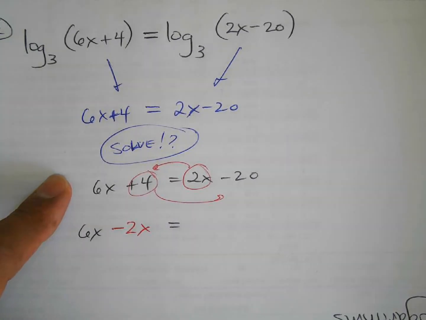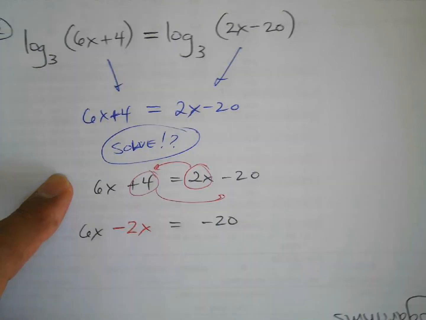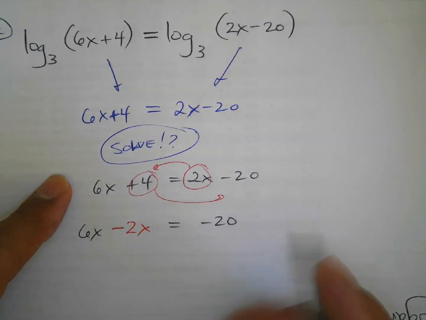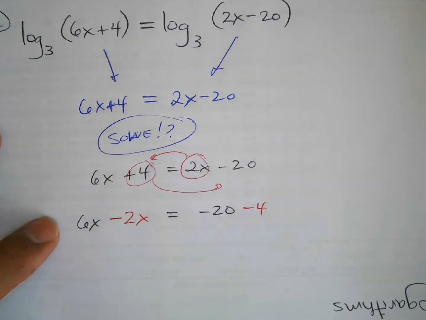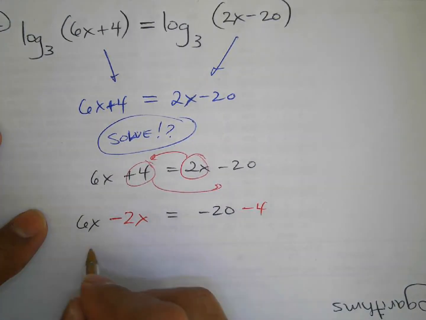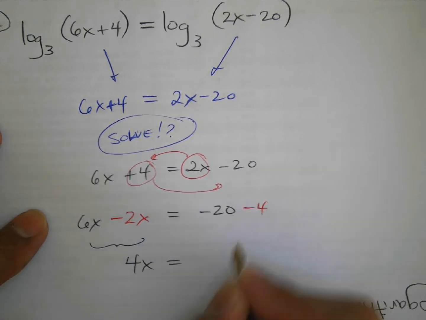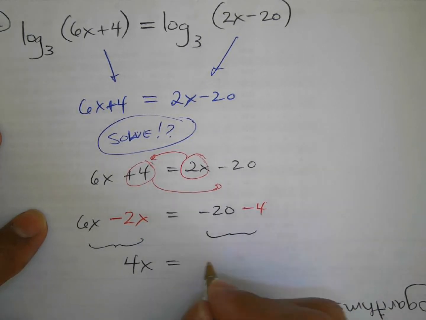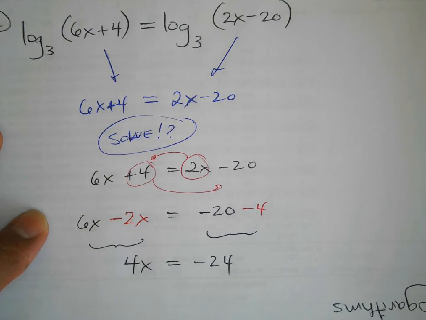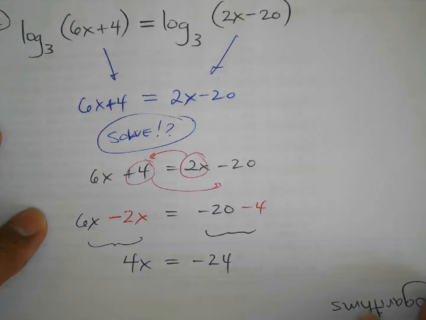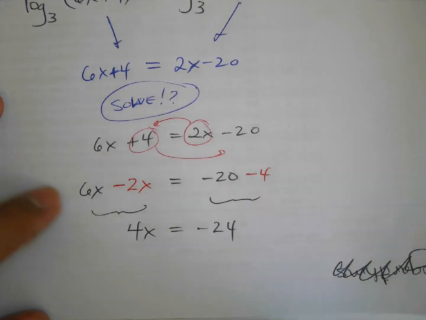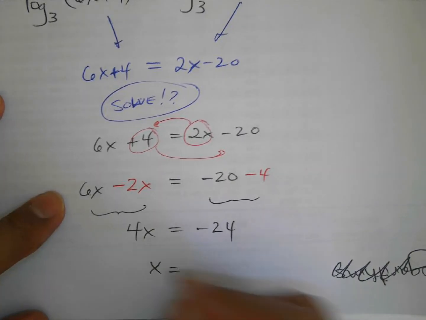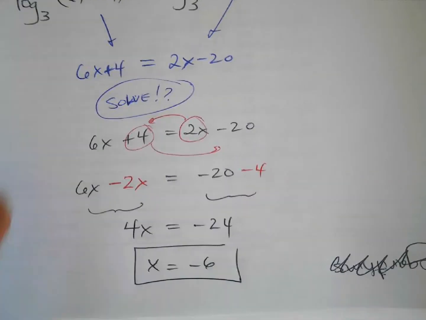Equals, and then you already have the negative 20 over here. But this positive 4, when it goes that way, changes to negative 4, right? I shouldn't have to show you that. This is going to be 4x equals negative 24. You're going to get x equals negative 6.